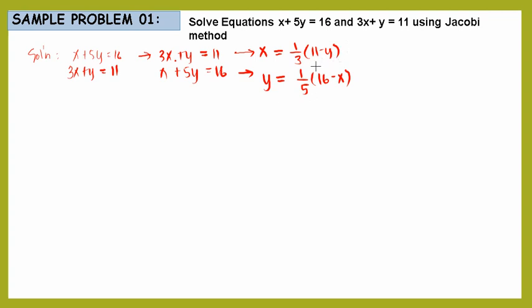So, if we have these as our equations, we need to iterate. For our first approximation, we have to assume a value for x and a value for y.